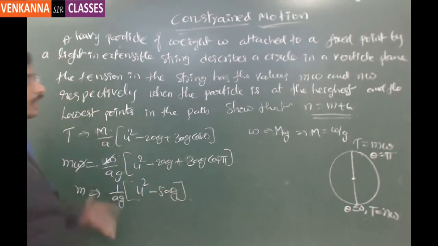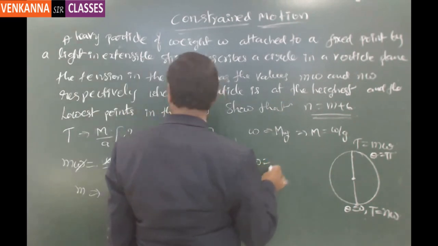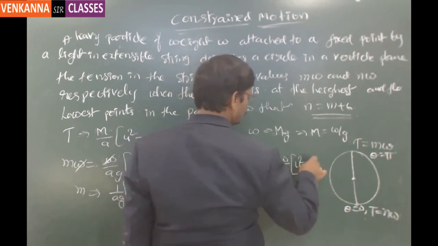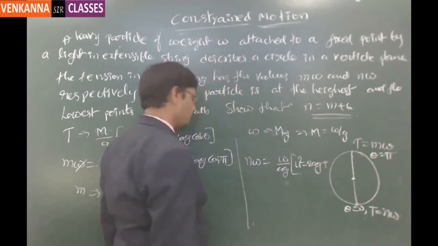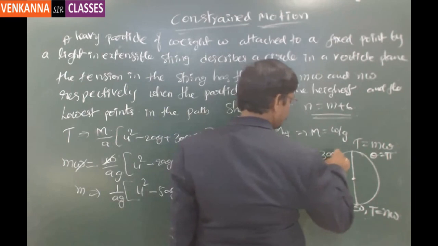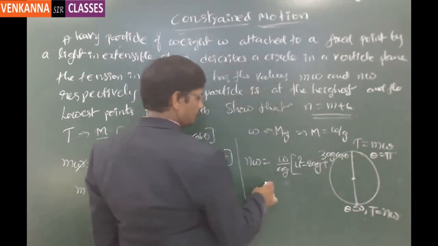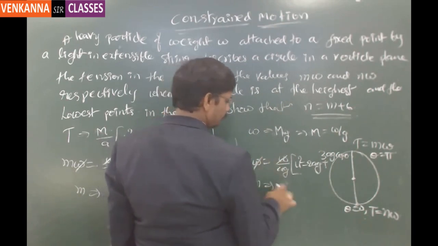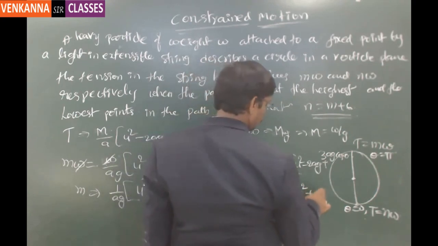And then at the lowest point, nW is equal to W by ag into u square minus 2ag plus 3ag cos 0. This cos 0 is 1. So W will cancel and n is equal to 1 by ag times u square plus ag.